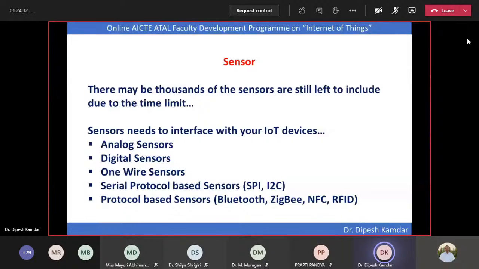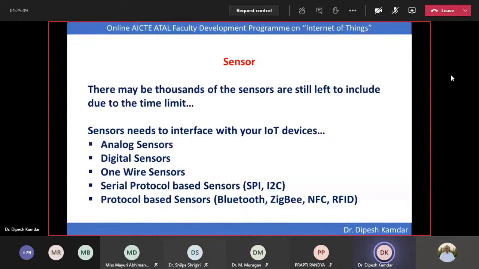So basically, sensors need to interface with the IoT device, and your sensors can be analog sensors. Once we are having analog sensors, we need to get the data from the sensor, convert it to digital data and calibrate it. There are some digital sensors available which just give us the direct output in the form of yes or no. It just has an intermediate threshold level.